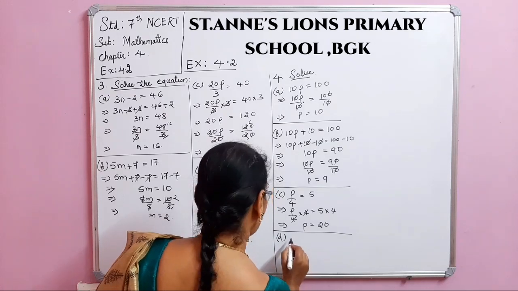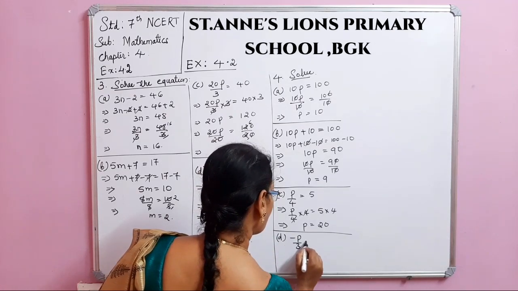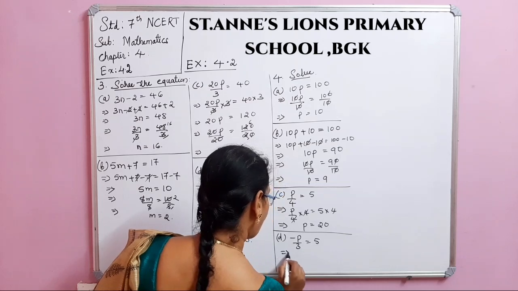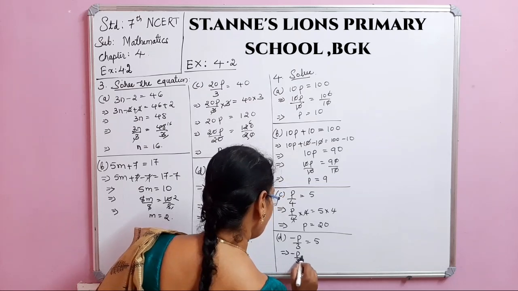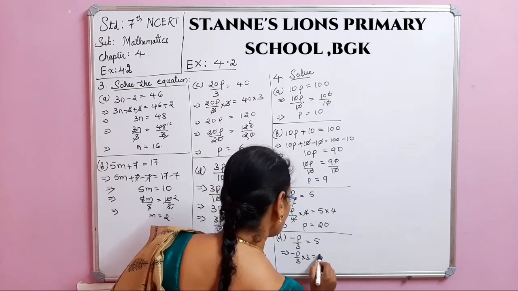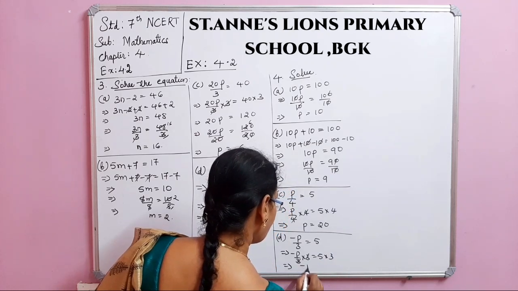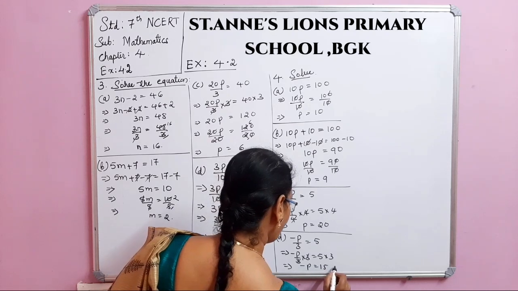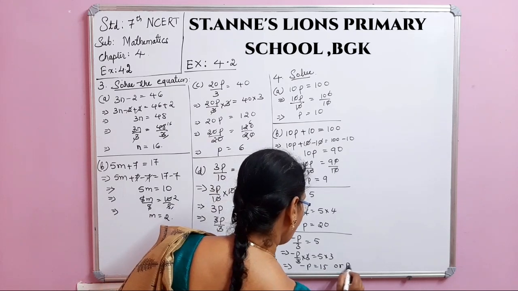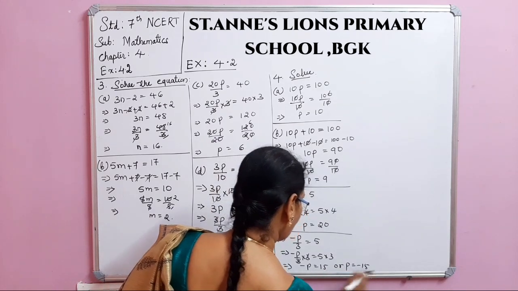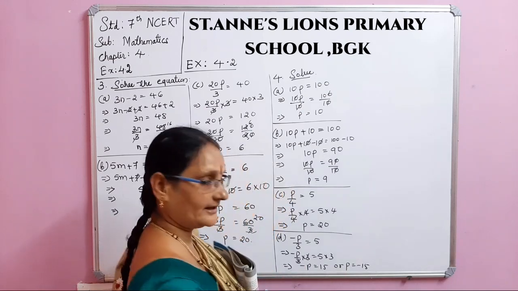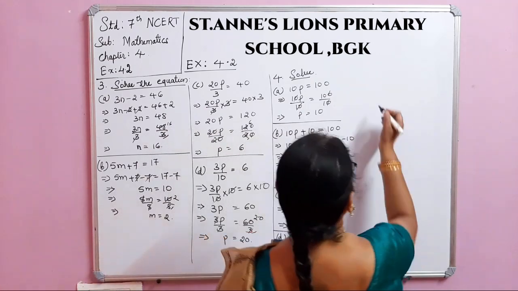Minus p by 3 is equal to 5. Minus p by 3 into 3 is equal to 5 into 3. 3 got cancelled. Minus p is equal to 15, or p is equal to minus 15.